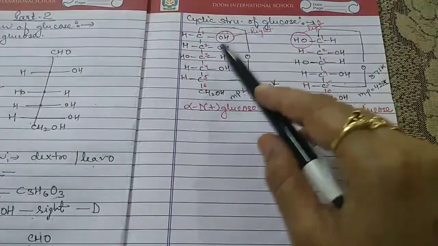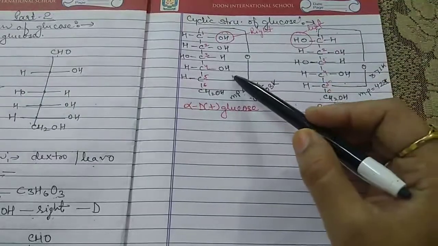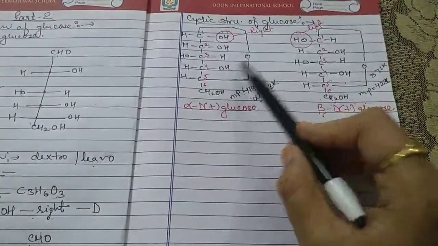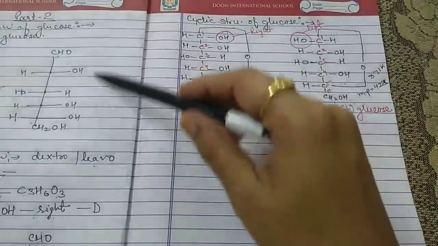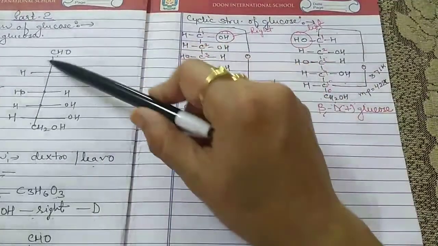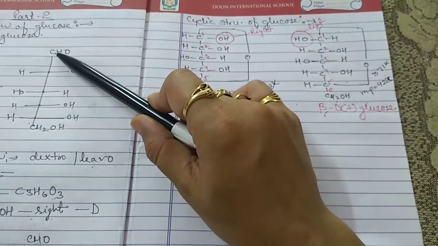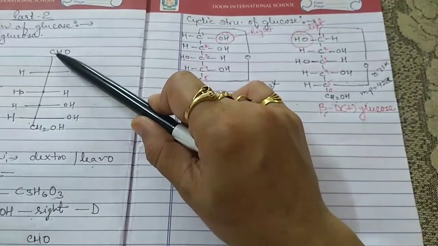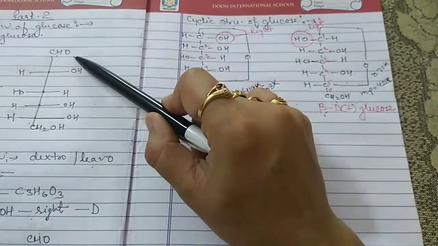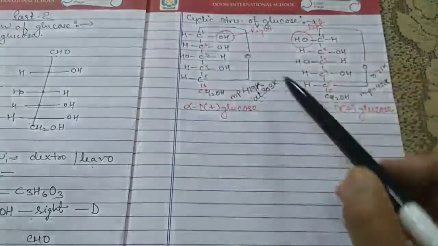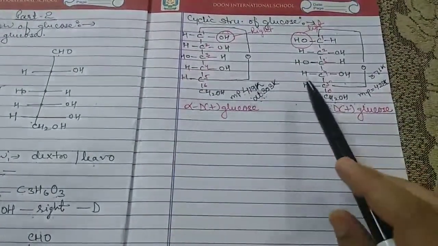What is the main concept behind the alpha and beta form? This structure is the open structure. In this open structure, this is the C1 carbon atom, which contains one H and one O only. So let's see the difference between the open and the cyclic structure.